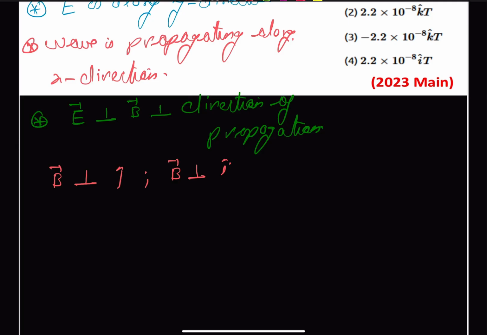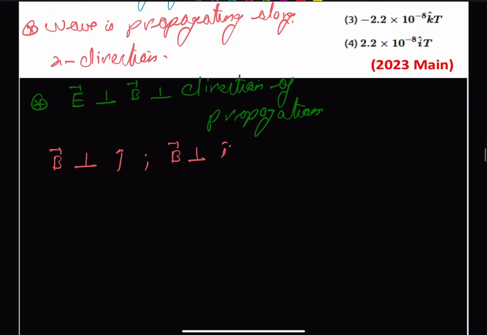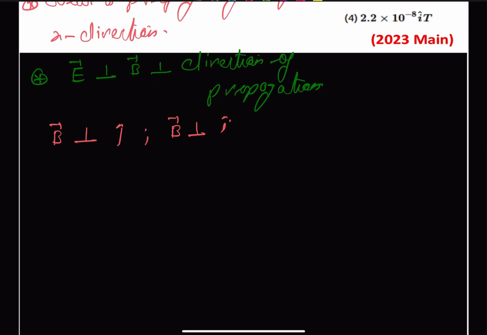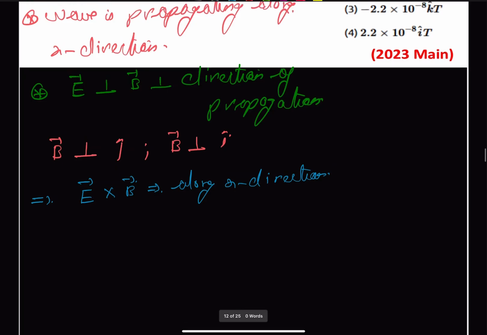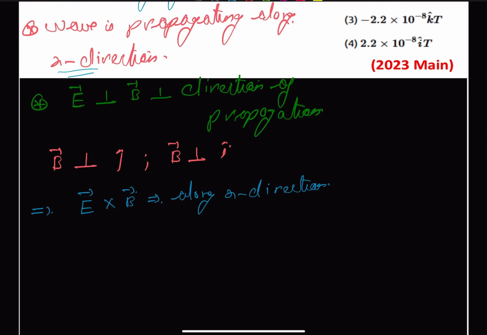We can also draw an important conclusion from here, that E cross B should be along the x direction, which is the direction in which it is propagating.